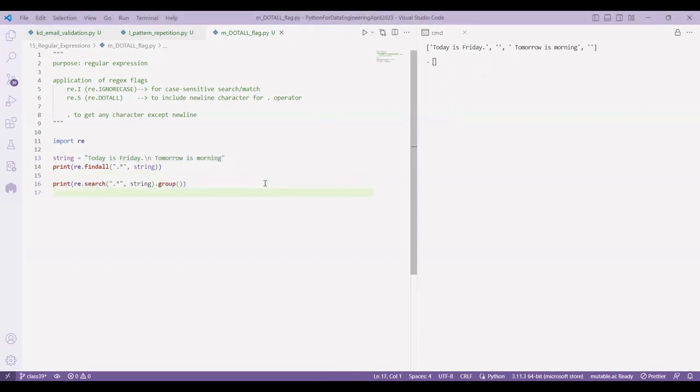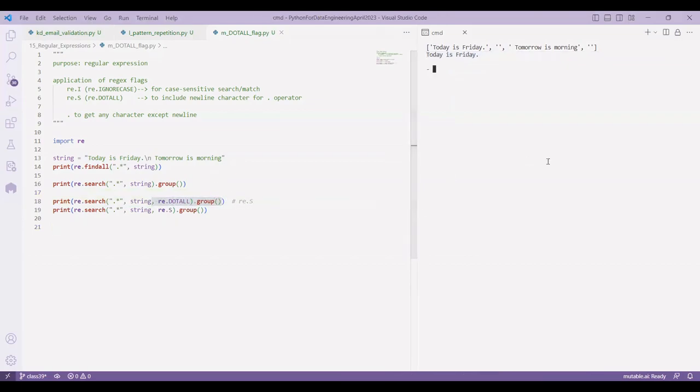But if I go for re dot search, you will understand it gives only one thing. It gave "Today is Friday" and stopped at the dot. Why, sir, did it stop like that? Because it cannot go beyond the line, so to limit that, they designed it like that. If you want to go to multiple lines, we can use dot all, or re dot S. Then it can go beyond a line also.